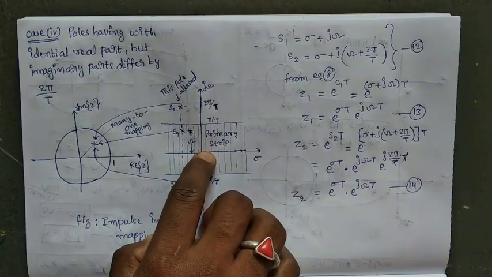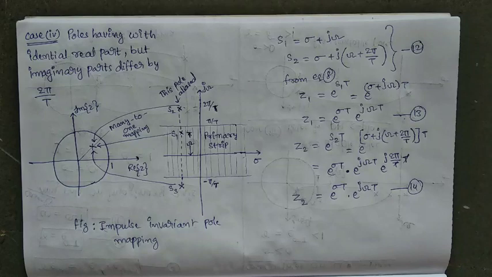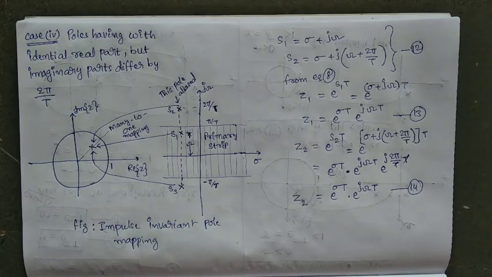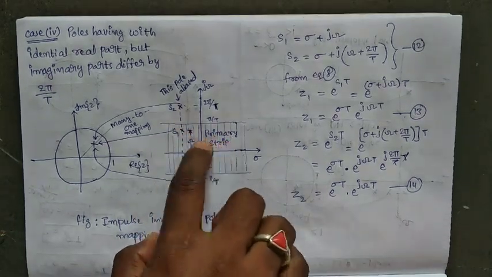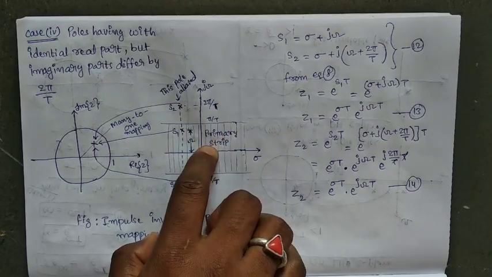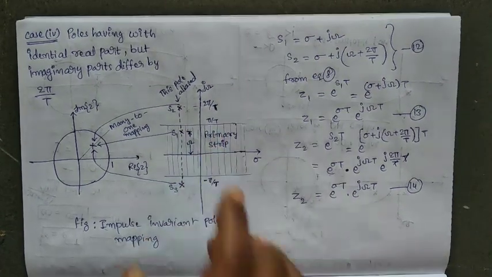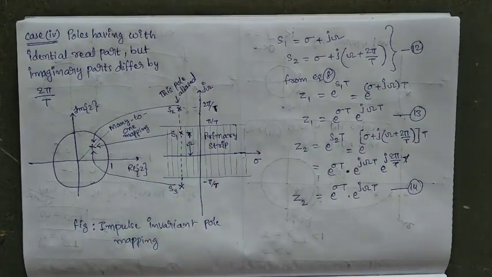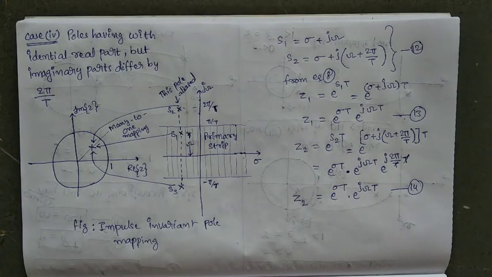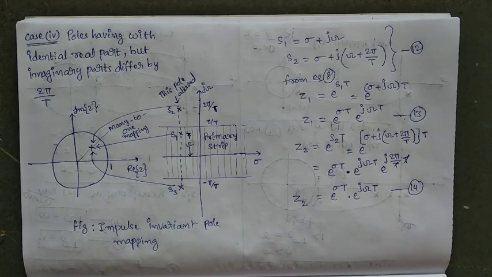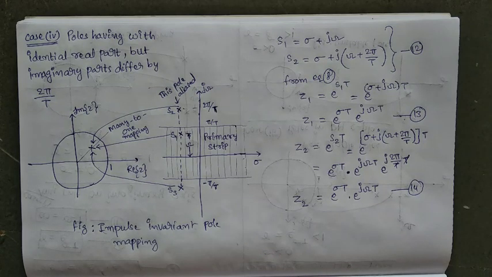This aliasing is the main disadvantage of impulse invariant mapping. Due to the presence of aliasing, the impulse invariant method is approximate for the design of low pass and band pass filters.